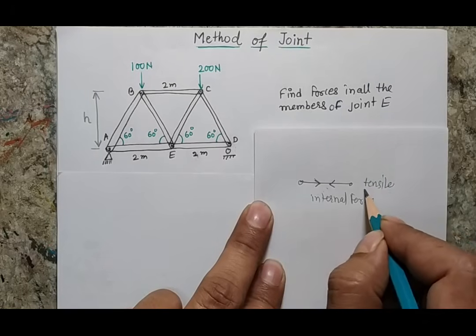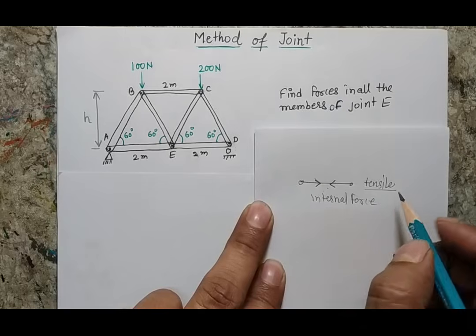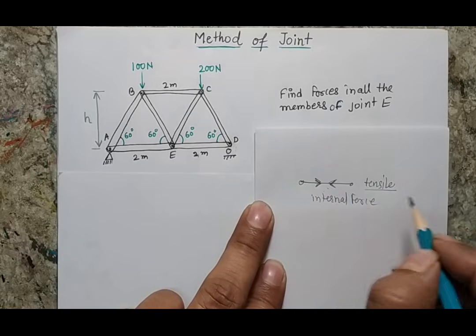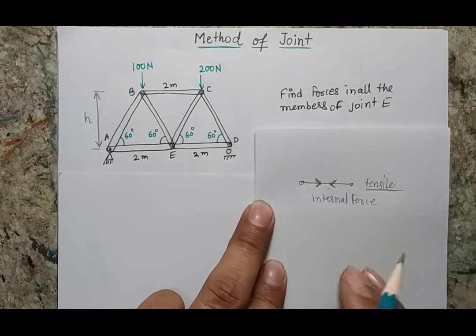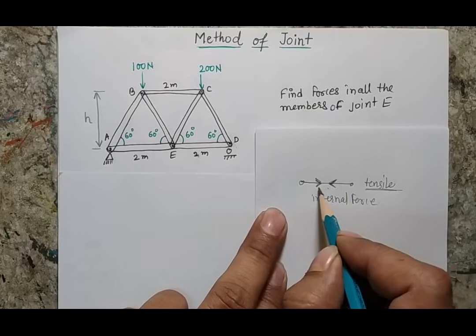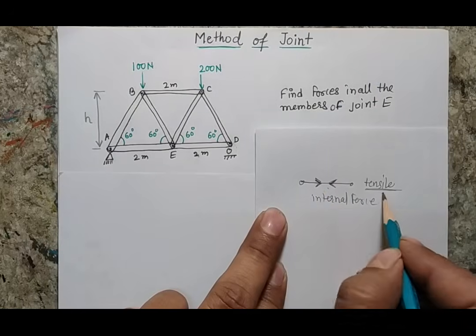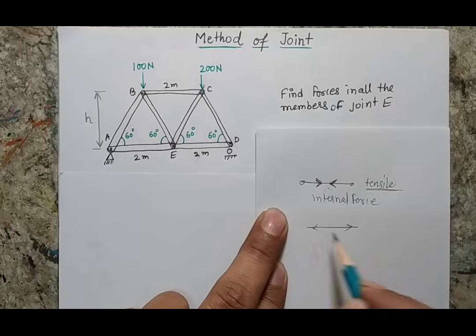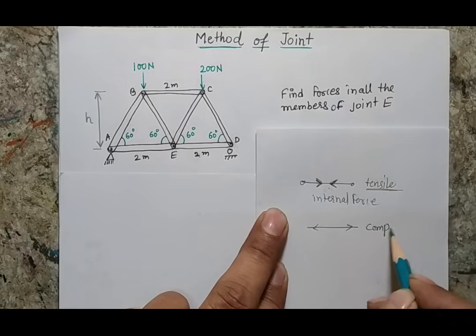We have already discussed this part in our other video, how these arrows go inside or outside based on the nature of the forces. So here I am not explaining that part, but we should remember that if the arrows are moving in this way, the nature of force is tensile, and if the arrows are going in this way, the nature of force is compressive.